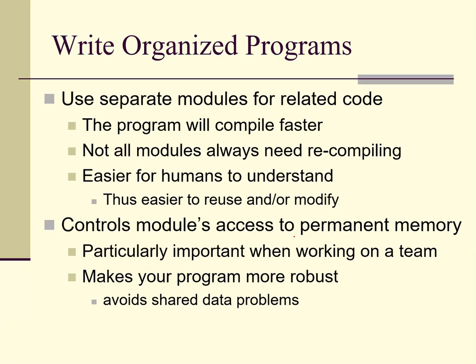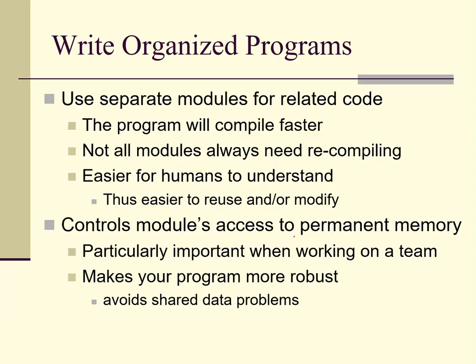So another issue here is you want to control access to the permanent memory. Okay, and so if you don't need permanent memory, you don't make it permanent, and you want to hide access. You don't want to make all these variables global, because then everyone has access to them. And it brings up the classic shared data problem.